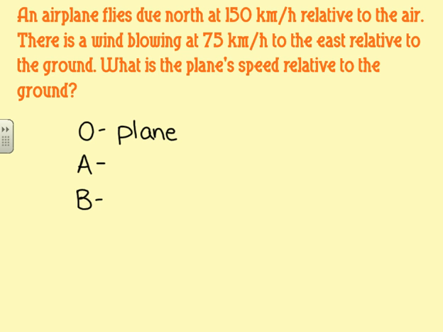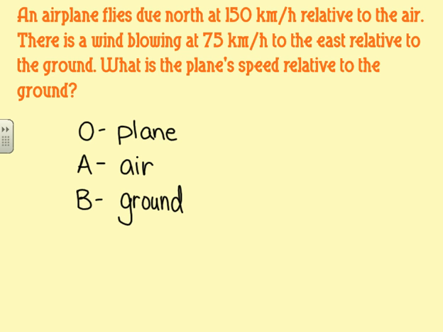I have two reference frames here, the air and the ground. So those are my three objects, my three things that I have here. Now let's look at what we're given.